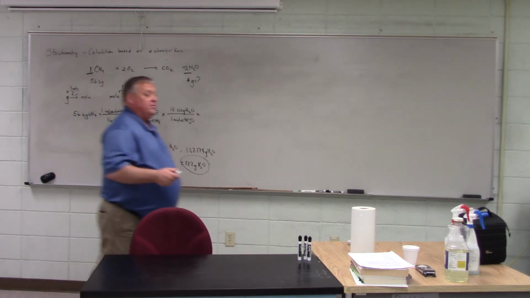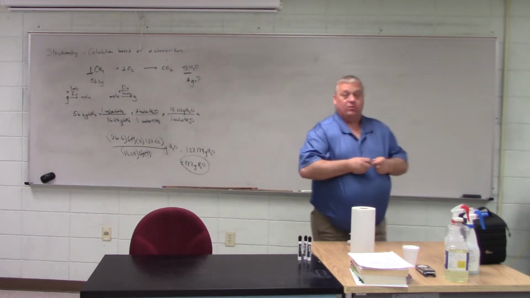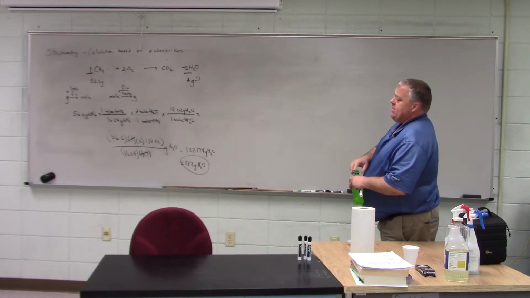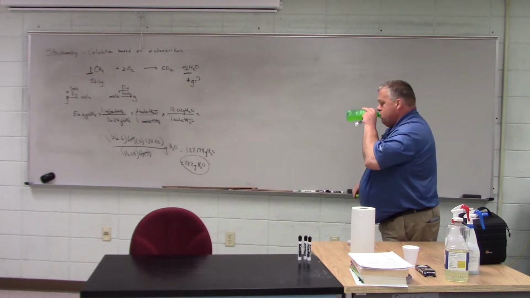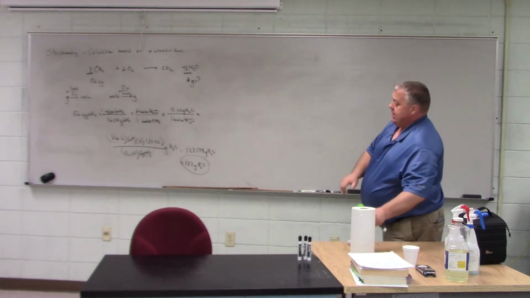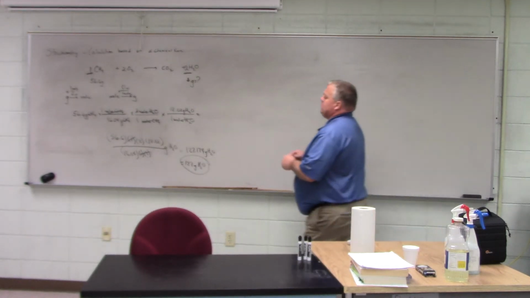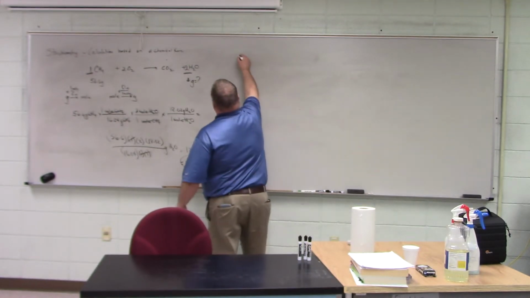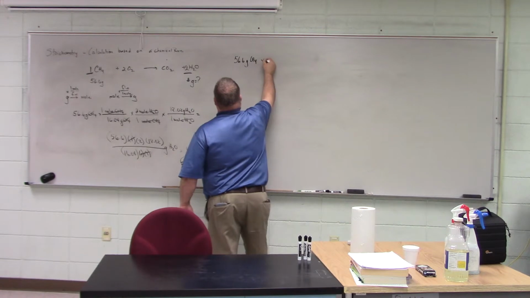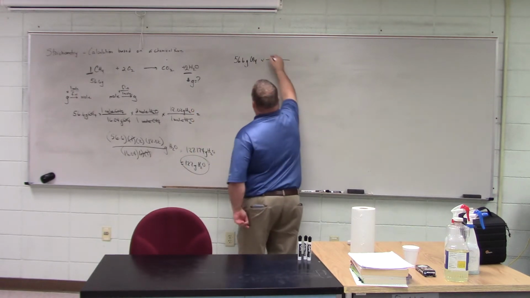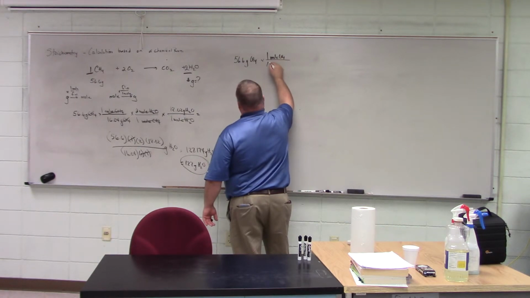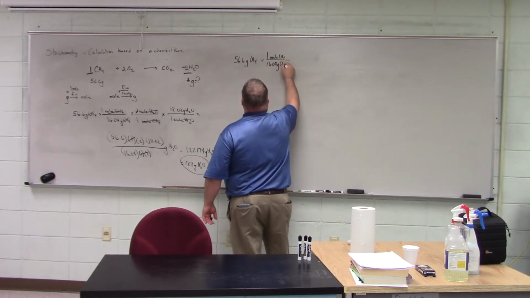So we can also make other calculations based on our equation. With these calculations, if we want to know how much CO2 we produce, we can do that also. Okay, so we can start off with our 56.6 grams of methane. And we still have to convert it into moles. 1 mole of methane is 16.04 grams of methane.